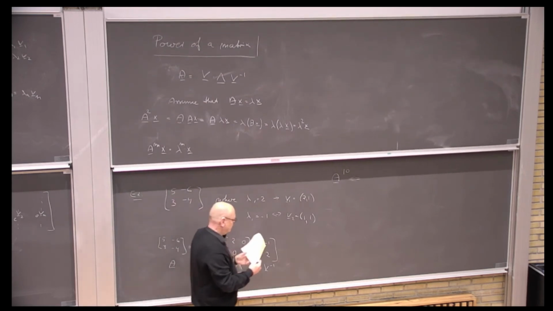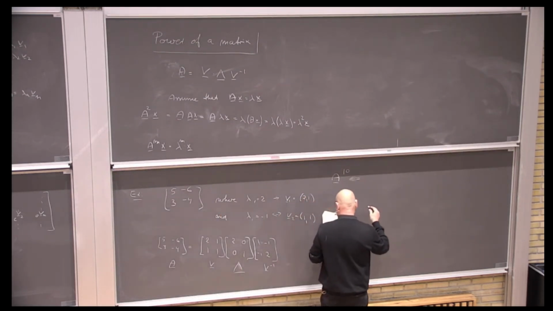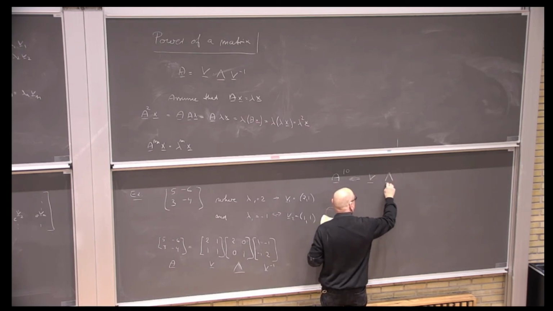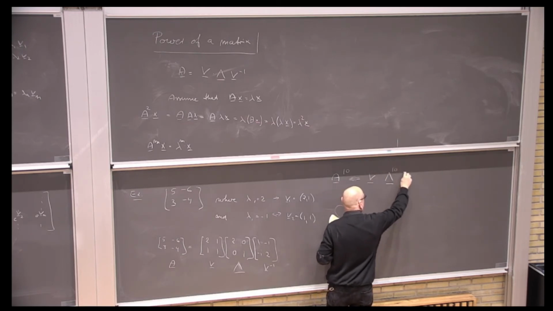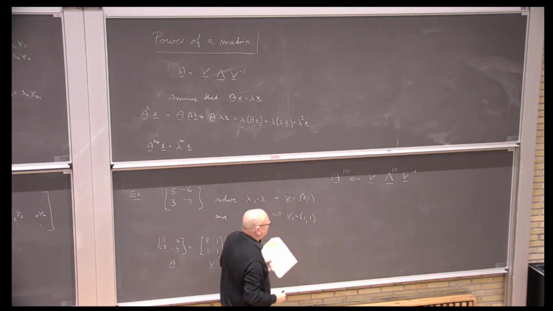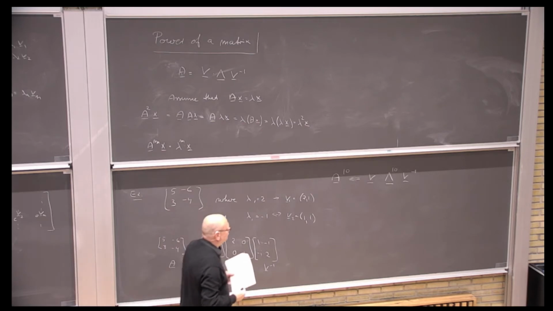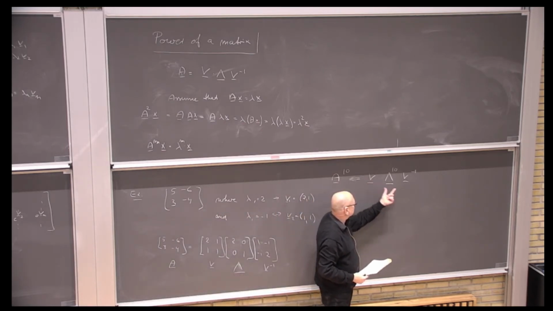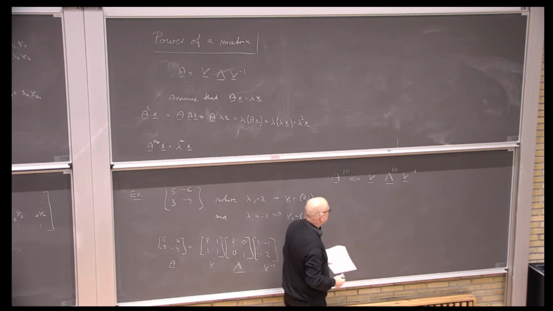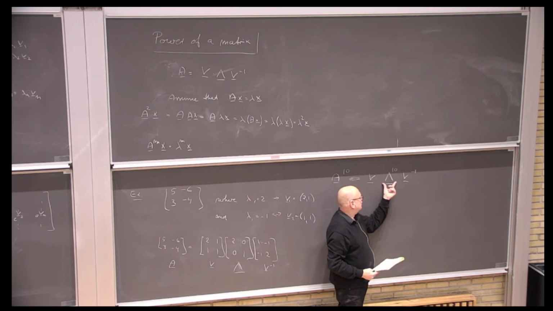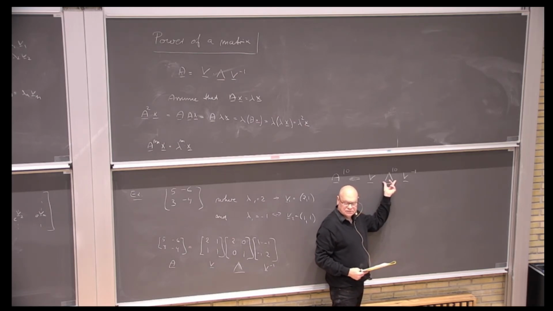So I can write this with the eigenvectors here and the inverse of that matrix. So I only need to calculate the 10th power of this diagonal matrix.